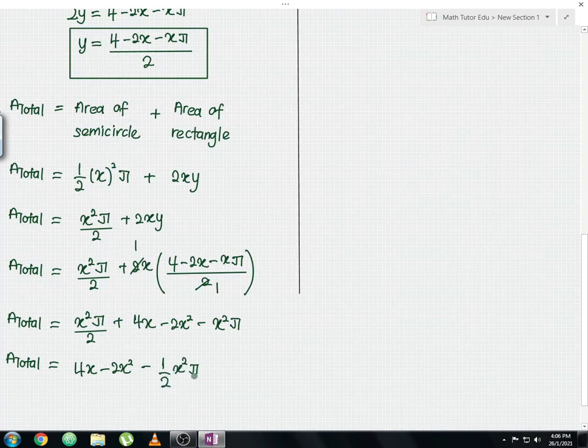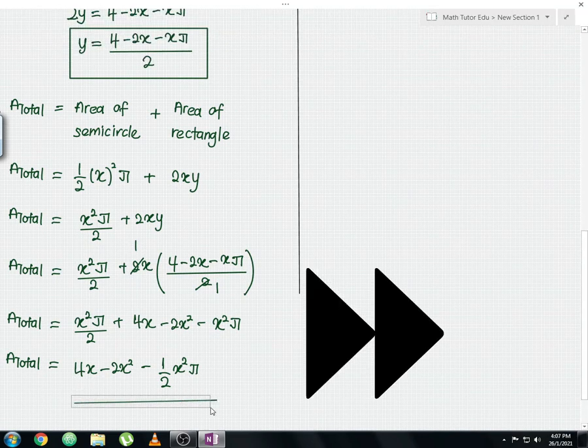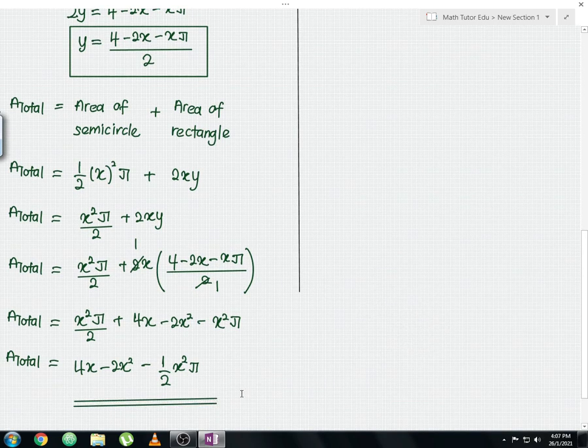It's up to you. Okay, so I just leave the answer in this way, so at least it'd be easier for you to read the solution. Okay, let me underline the solution. So this is the answer for the question part A. Okay, let me proceed to the question part B now.